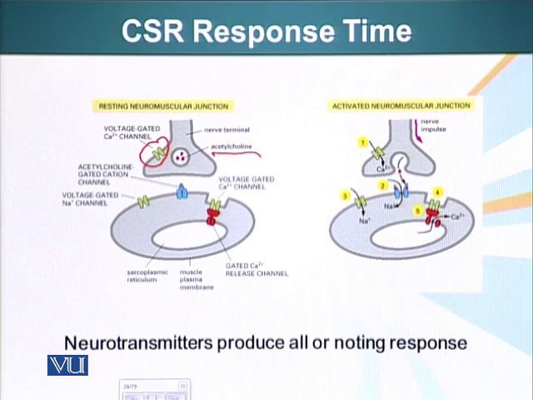So when the nerve gets depolarized, the wave travels to the very tip where the neuron is forming a synapse with the muscle. These channels open up, causing an influx of calcium, which results in release of acetylcholine in the intracellular space. This acetylcholine binds the receptor, another ion channel receptor.